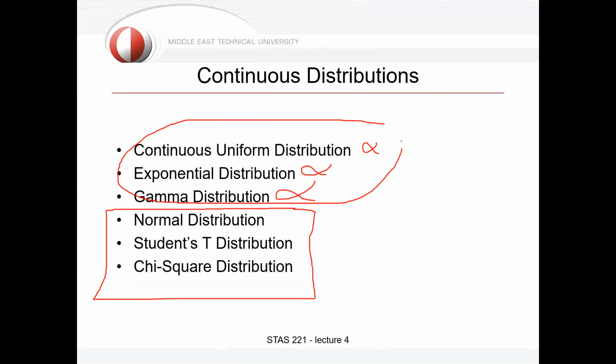I will cover continuous uniform distribution and exponential distribution for today, and gamma, I will talk about it in the next lecture. And normal distribution, we will talk about it in the next lecture. T-student, we will talk about it and we will compare it with normal distribution also later, and then also chi-square distribution in detail.